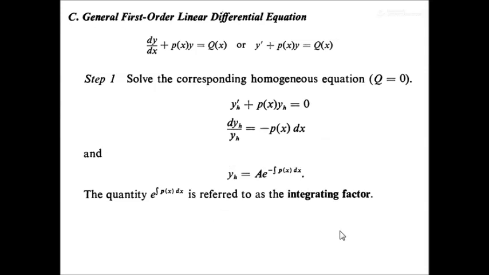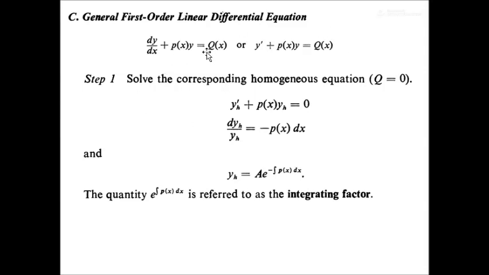Now take any general first order linear differential equation. As this is a first order differential equation, the equation can be written as dy by dx plus p(x) into y equal to q(x), or this is y prime plus p(x)y equal to q(x). Now how can you solve this equation?